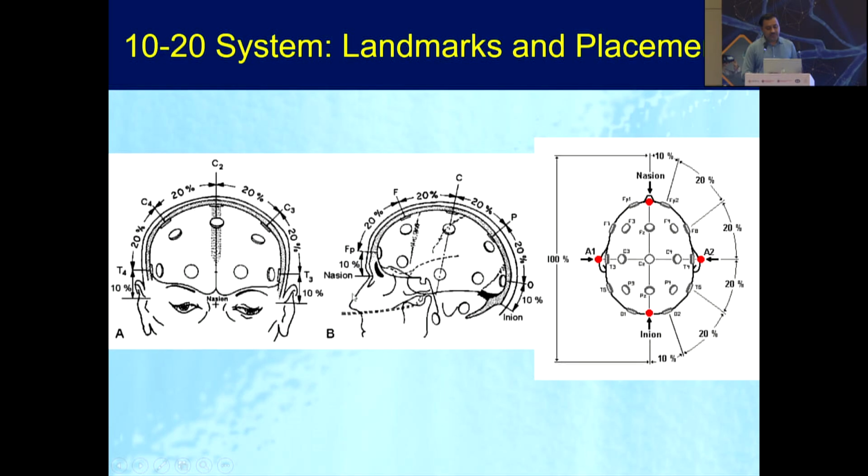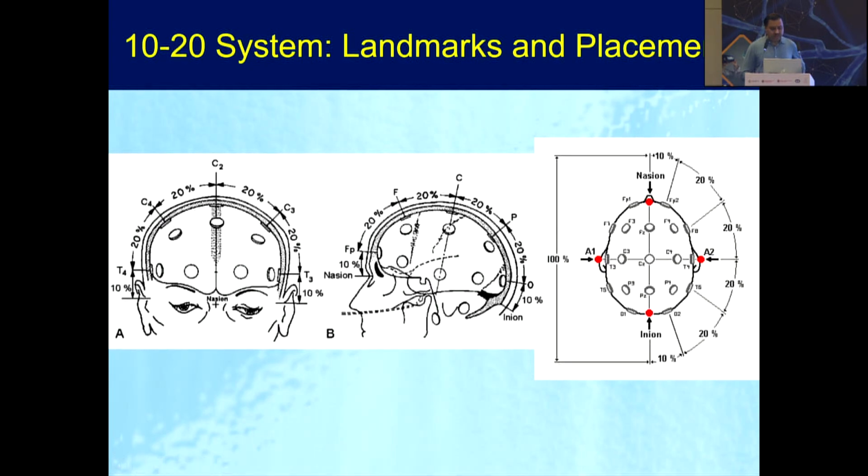On the sagittal plane, suppose you have a distance of 10 centimeters. Around 10% of this, at 1 centimeter, you put the FPZ electrode. Then 20% of the next distance is the FZ electrode, and the next 20% is CZ. This is how you calculate the distances, placing electrodes at 10 and 20%, and that is why it is known as the 10-20 system of electrode placement.